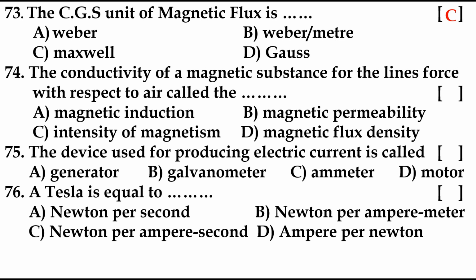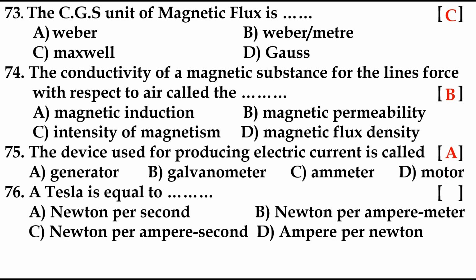B. Magnetic permeability. C. Intensity of magnetism. D. Magnetic flux density. Answer is B. Magnetic permeability. 75. The device used for producing electric current is called A. Generator. B. Galvanometer. C. Ammeter. D. Motor. Answer is A.